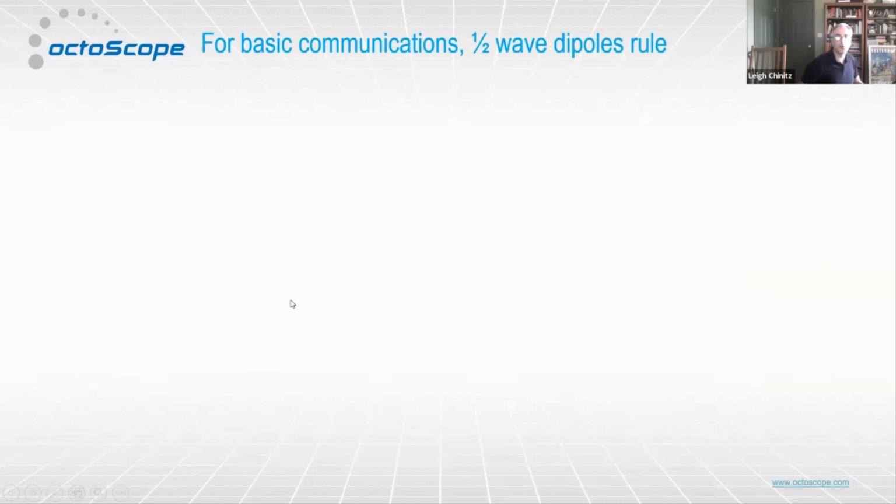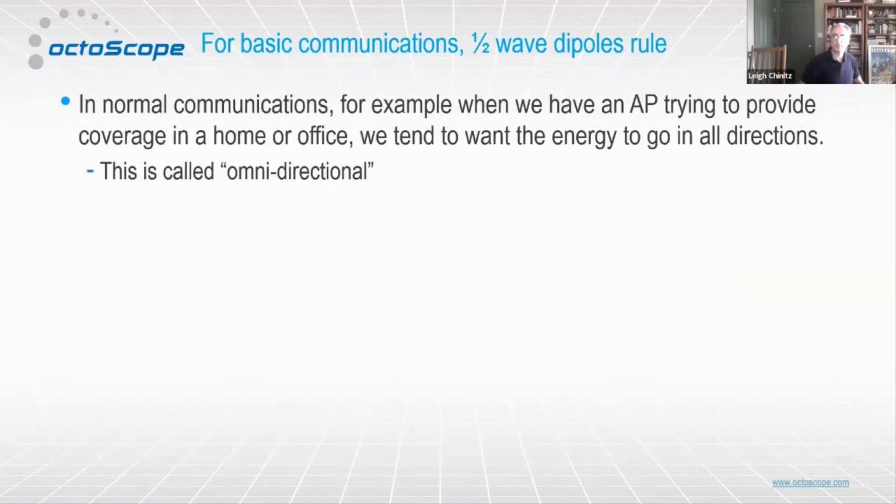So for basic communications, half-wave dipoles tend to be the rule. Let's think about a specific application, like a Wi-Fi AP in a home, which is trying to provide coverage pretty much everywhere in the home. You tend to want the energy to go in all of the directions.